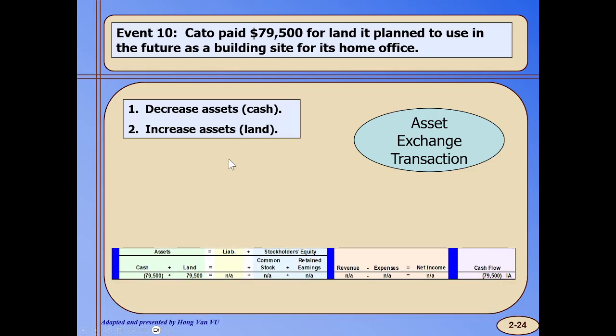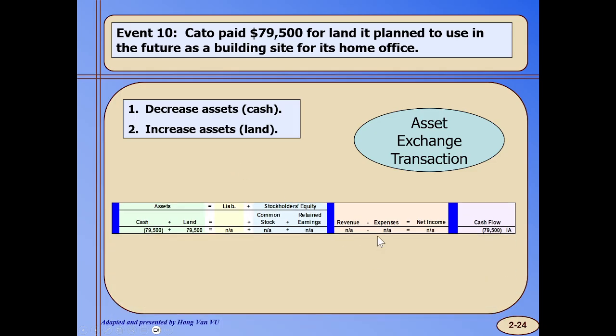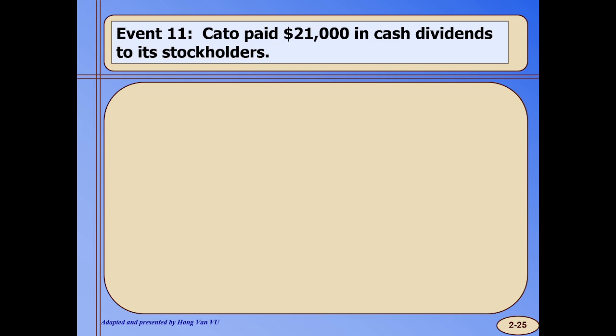The income statement is not affected. It is classified as an investing activity, so the statement of cash flows reports a cash outflow for investing activity of 79,500. And here you can see the effect of this transaction on the financial statement model.